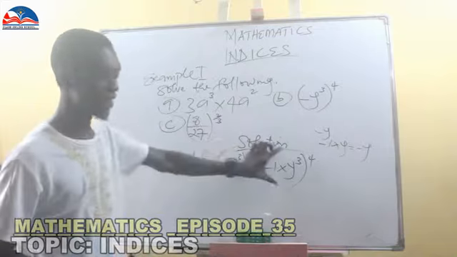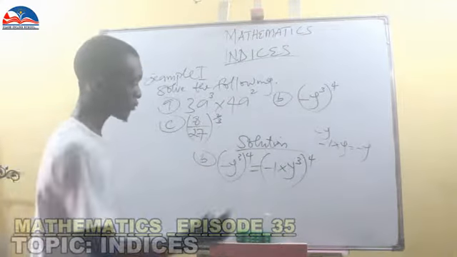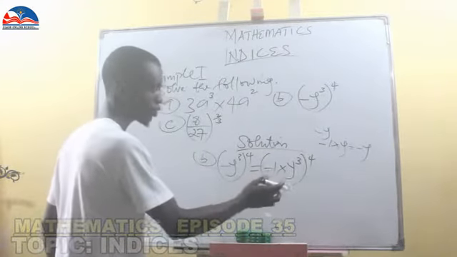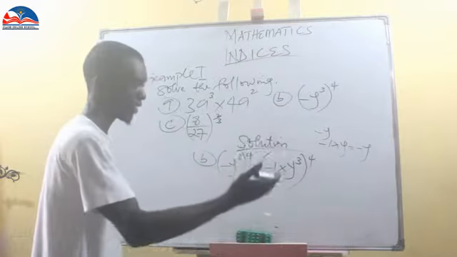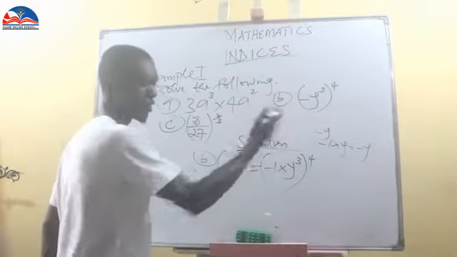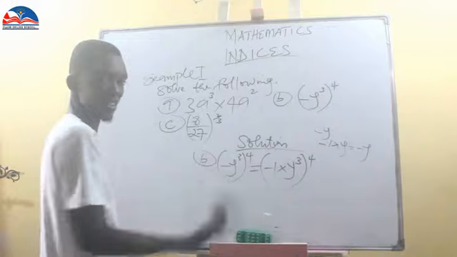This expression is the same thing as this, because minus 1 times y gives us minus y index 3. So nothing changed.